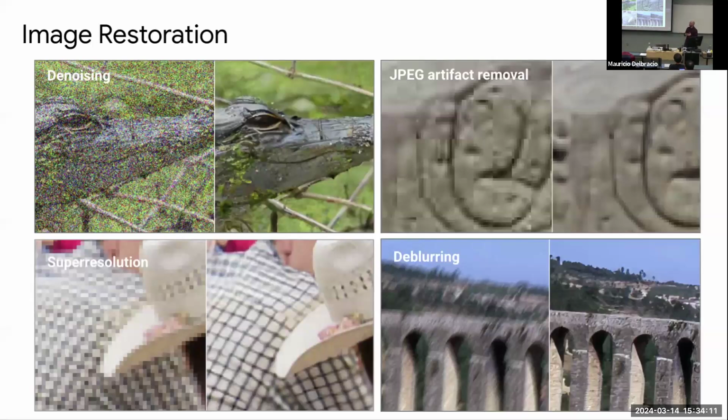What is the idea of image restoration? The goal is to recover a clean, sharp image given a low-quality observation. And there are multiple flavors of this. We may want to get rid of noise, compression artifacts, limited resolution, or blur, like motion blur, lens blur, right? And the goal is to recover an image that is high quality, but is also compatible with the low-quality observation.